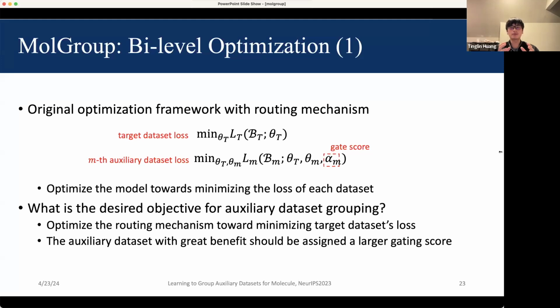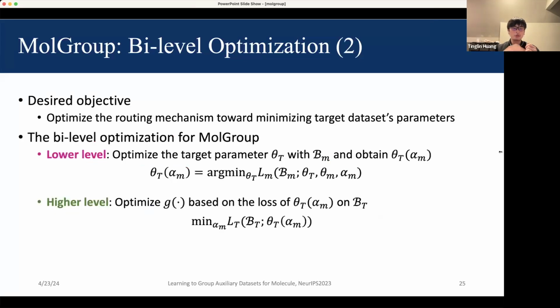We also hope that after the training, the auxiliary data set with the high affinity should be assigned a larger gating score.